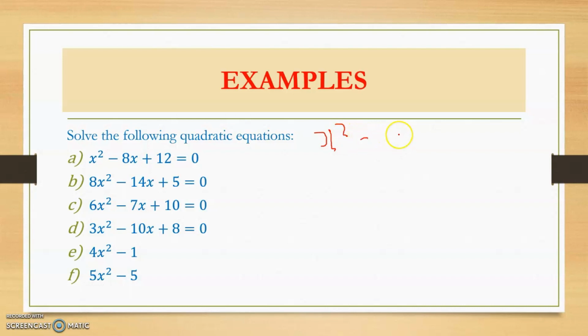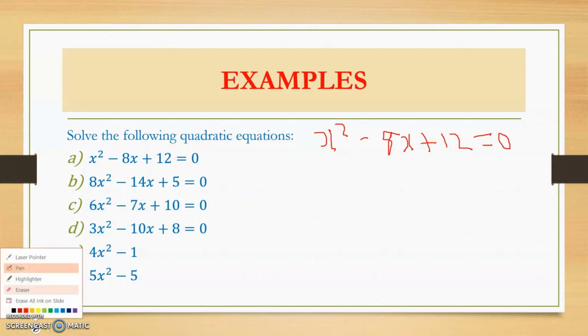X squared minus 8x then plus 12 is equal to 0. Let me change the thickness of what I'm using here.